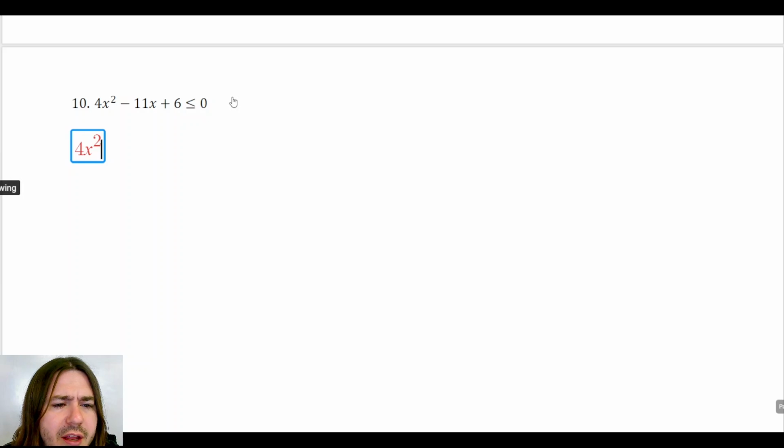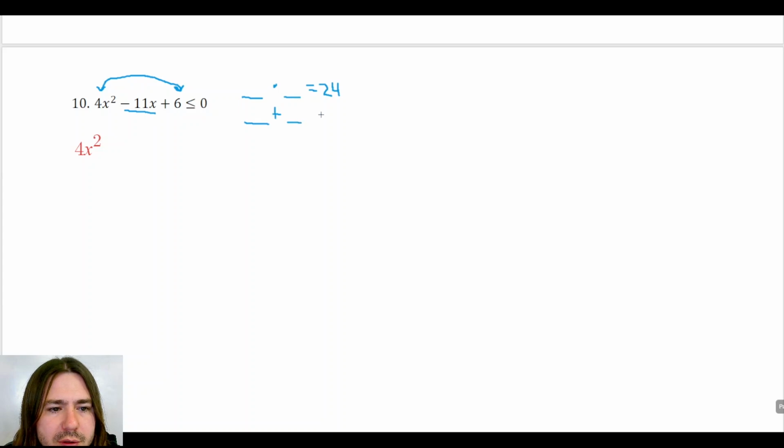So in other words, we want 2 numbers that multiply to give me the product of 6 and 4, which is going to be 24, and add up to -11. So these same 2 numbers have to add up to -11. So it looks like the correct answer is going to be -3 and -8.